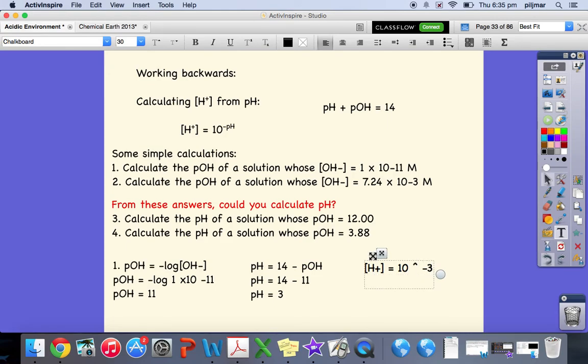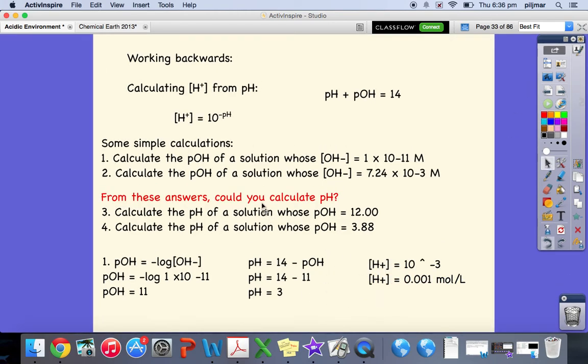So the hydrogen ion concentration is 0.001 moles per litre. Units, important. So you can do the same for all of these examples, and that's what I want you to do for homework. On top of that, I'll send you another worksheet for you to complete some more pH calculations.